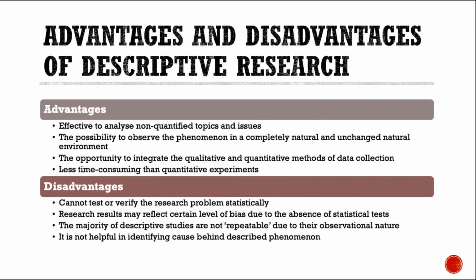A research result may reflect a certain level of bias due to the absence of statistical tests, and the majority of descriptive studies are not repeatable due to their observational nature. So it is observational in nature. It is not helpful in identifying a cause behind the described phenomenon. So of course, since it is not based on statistical tests, you cannot find cause and effect.